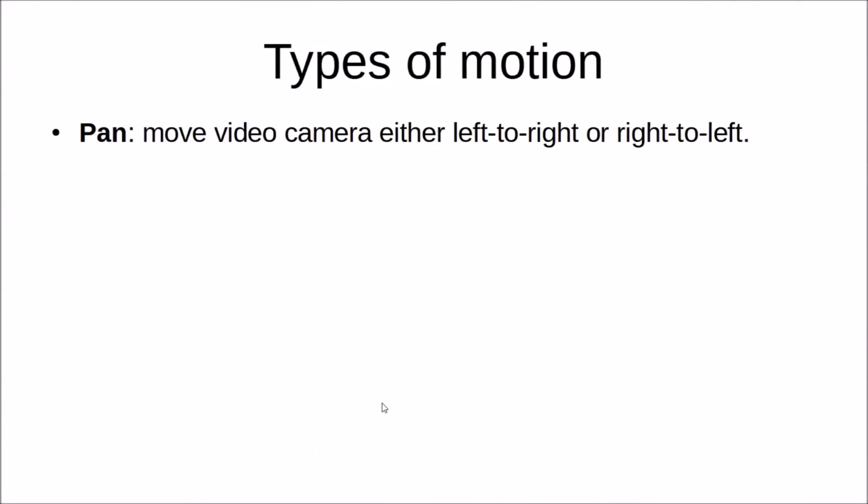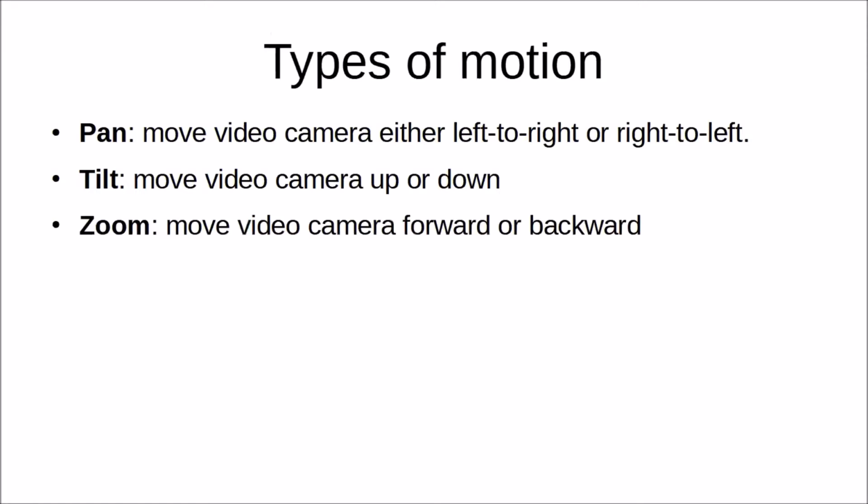There's various types of motion you can apply. In the world of shooting live video, a pan is created by moving the video camera either left to right or right to left. A tilt is created by, as you might expect, tilting the video camera up or down.